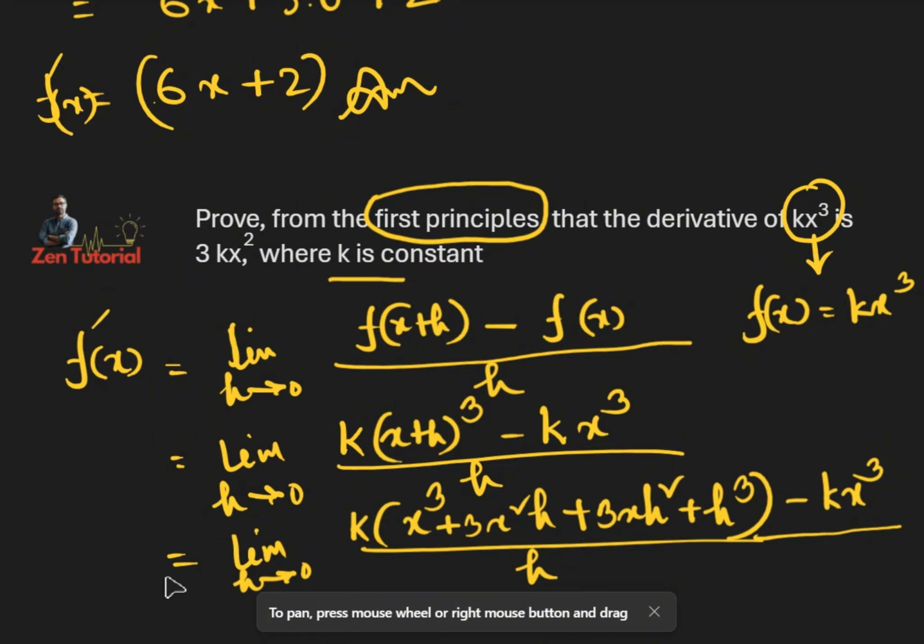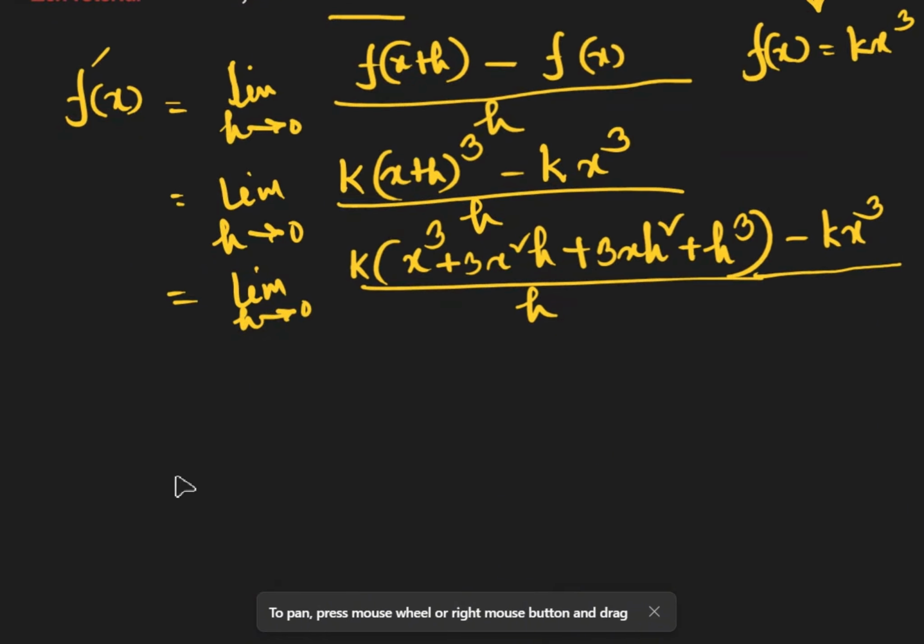Here we have to simplify the equation to resolve the problem of h. If we plug in h equals 0, the whole term will be infinity, which is not our desirable result. So we have to eliminate this h. Let's simplify the equation.